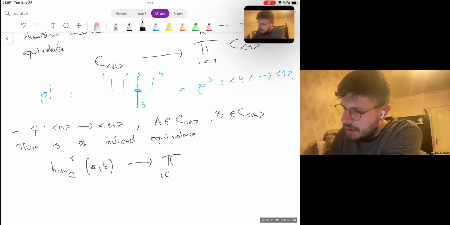product I in M, and you take HOMS from basically A restricted to, sorry about the bad notation, I, so let's call it I inverse I, BI.